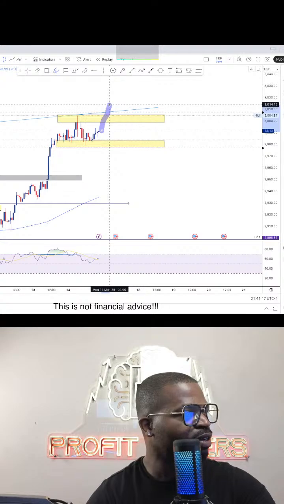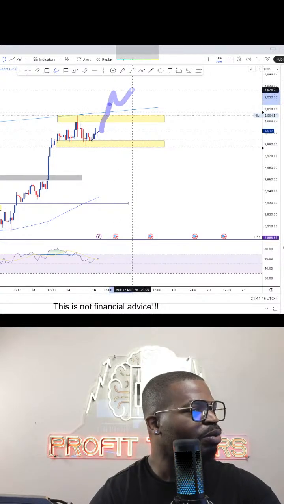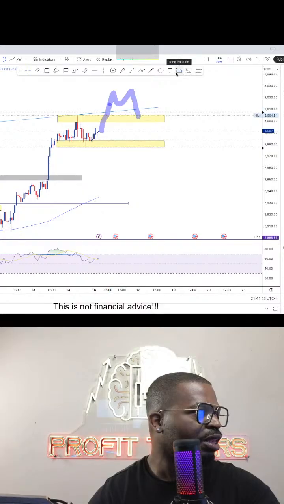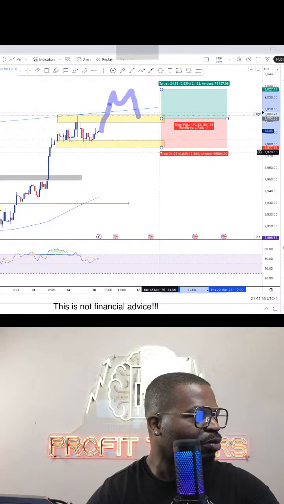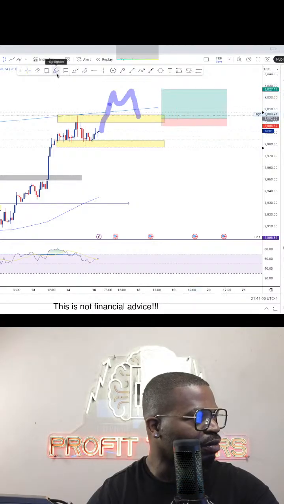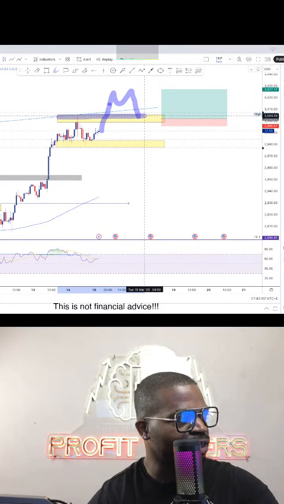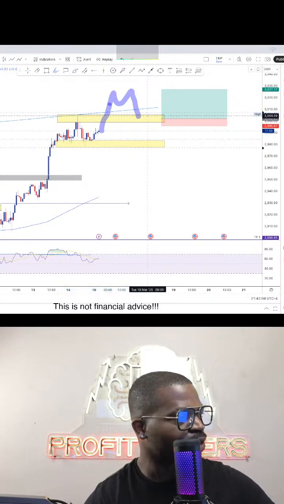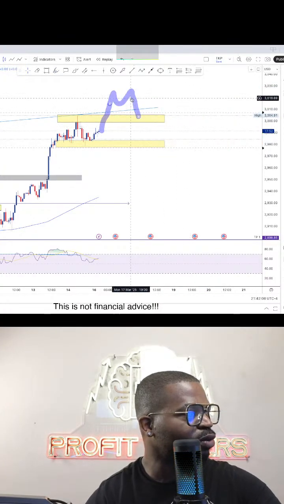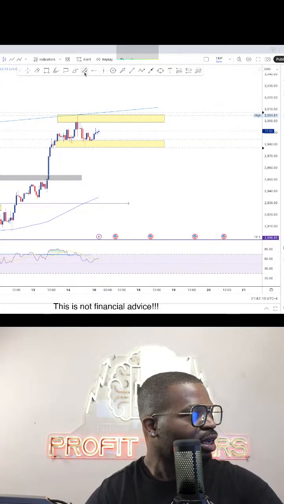The way that we take advantage of it is waiting until price pulls back to retest that area, okay? And then we'll look for a long position with our stop loss slightly inside of this resistance area that was once broken, okay?